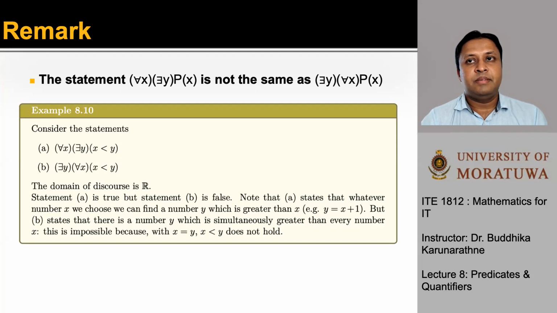Consider the statements: A, for all x, there exists y such that x is less than y. B, there exists y for all x such that x is less than y. For this example also, the domain of discourse is R, the real numbers. Statement A is true, but statement B is false.